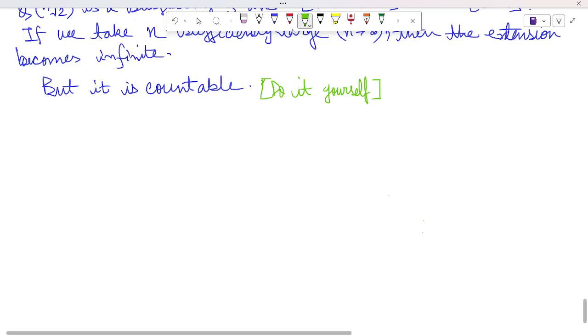It uses the countability of Q and N. Yeah, I'm again explaining, just listen.